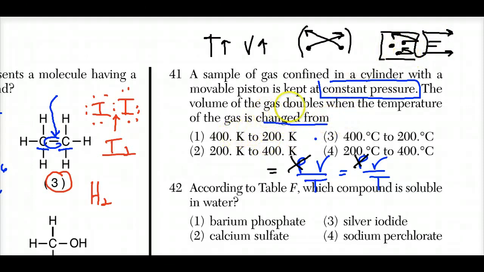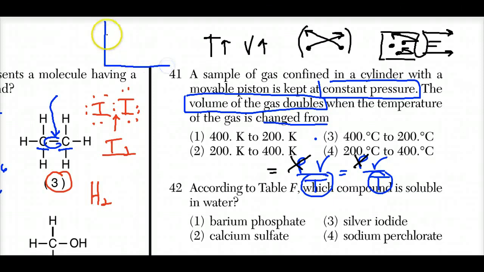So when the volume of the gas doubles, the temperature of the gas should also double, according to Kelvin temperature, because the gas law is based on an absolute temperature.